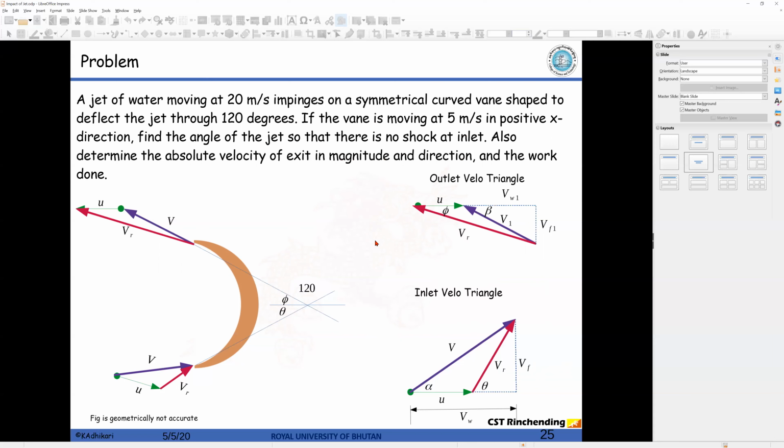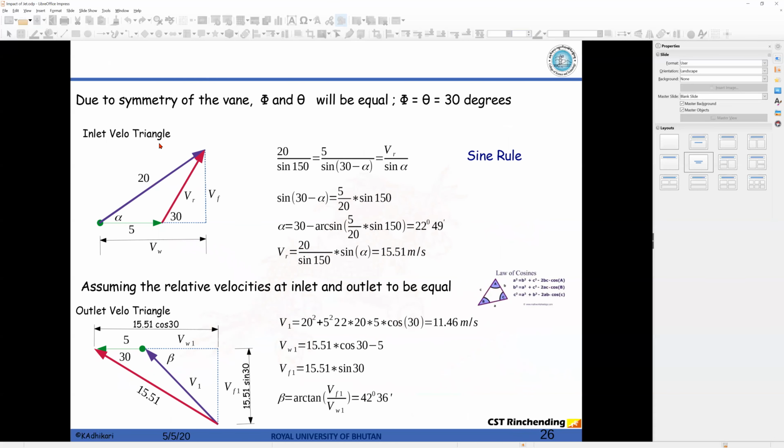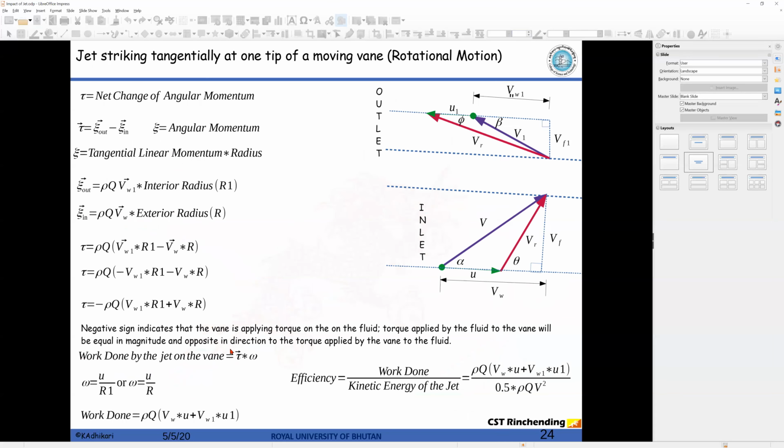So here what we do is we start with constructing the inlet velocity triangle, then we construct the outlet velocity triangle, and most of the information is provided. Then we proceed to solve this problem. One thing we need to understand here is, due to symmetry of the vane, phi and theta will be equal.